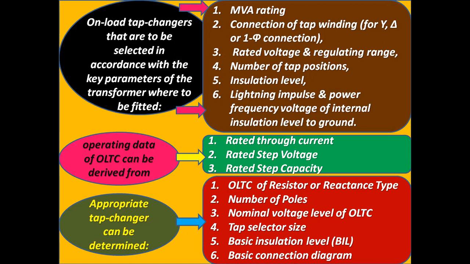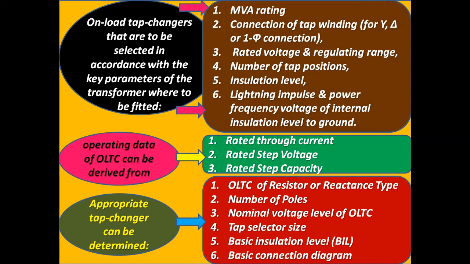Operating data of OLTC can be derived from 1, rated through current. Number 2, rated step voltage. Number 3, rated step capacity. The appropriate tap changer can be determined through 1, whether OLTC is of resistor type or reactance type.